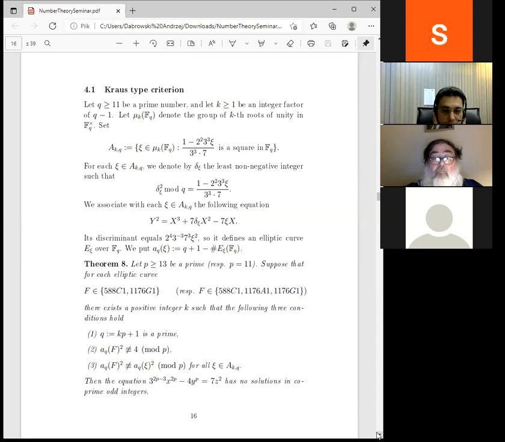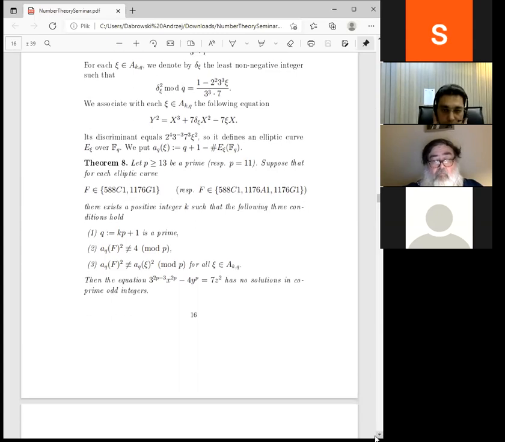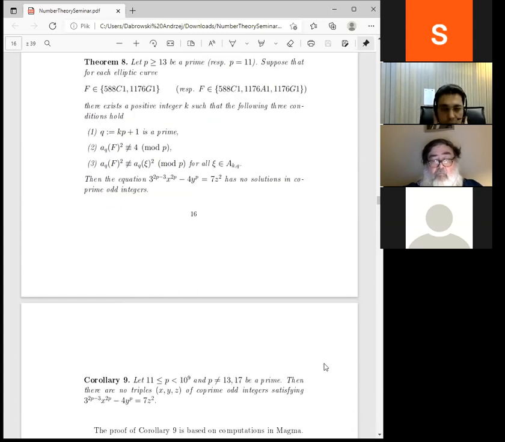So we were able to use such a criterion to prove that there are no non-trivial solutions for this Diophantine equation in the range from 11 to 10 to the power 9, excluding two primes, 13 and 17.